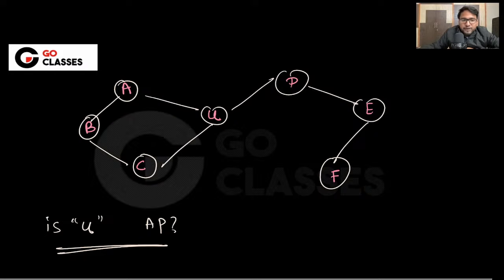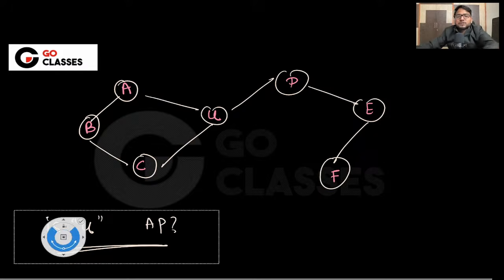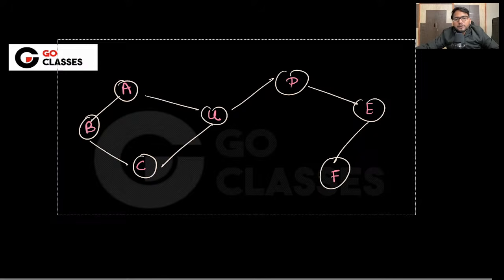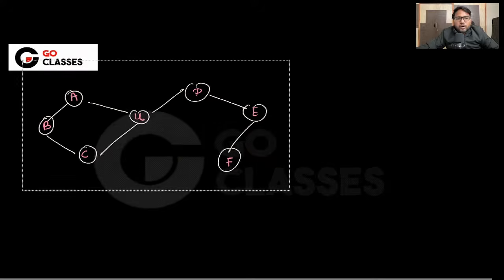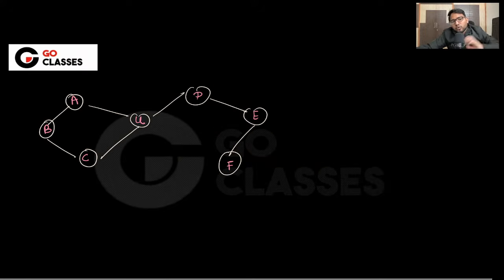Now let's make the DFT here and see what is happening. If you make the depth first tree, you don't need to start with U. If you start with U, there will be two children. But let's suppose I start with something else, say A. I want U to be in between.